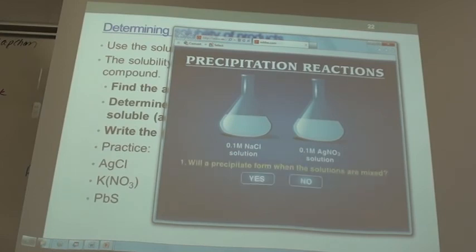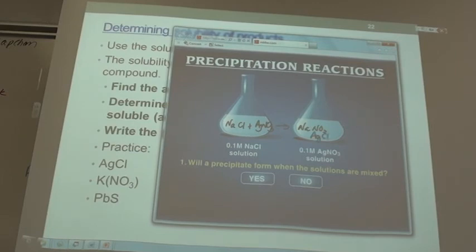This is what's going to happen. I don't have anywhere to write so you can see my writing, so I'm going to write the equation on the Erlenmeyers. Sodium chloride will mix with silver nitrate, and they will exchange anions to become sodium nitrate and silver chloride.